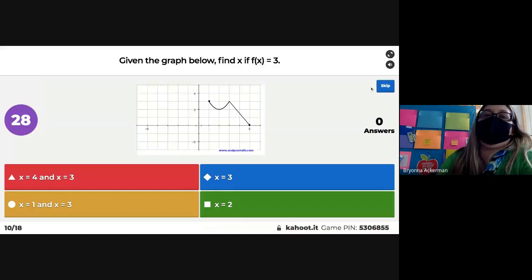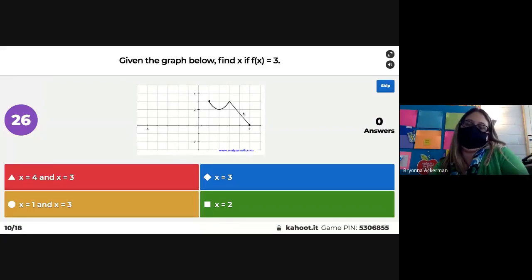All right, f of x equals 3? The output equals 3. F of x equals 3. The output is 3.